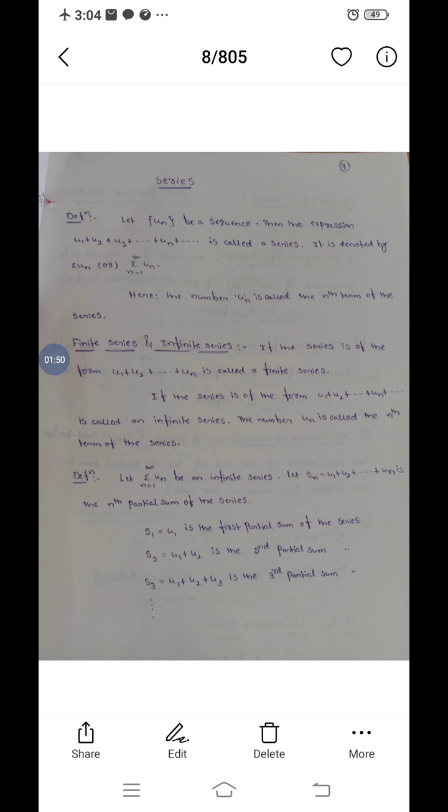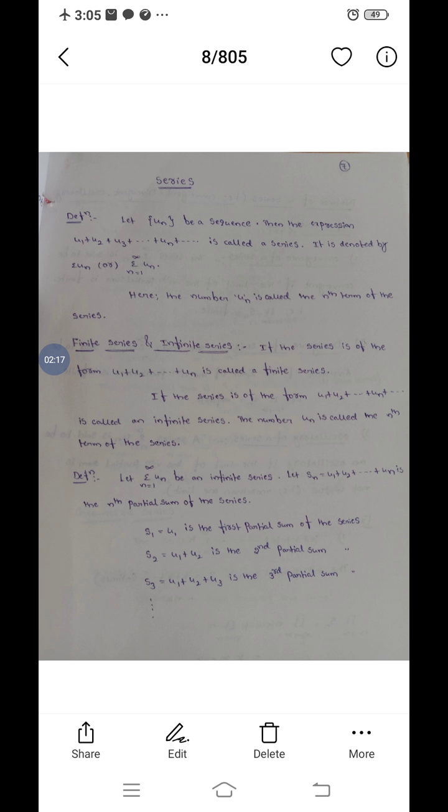Now let us consider another representation u1 plus u2 plus and so on plus un plus and so on. This series consisting of an infinite number of terms, or uncountable number of terms, is called an infinite series.